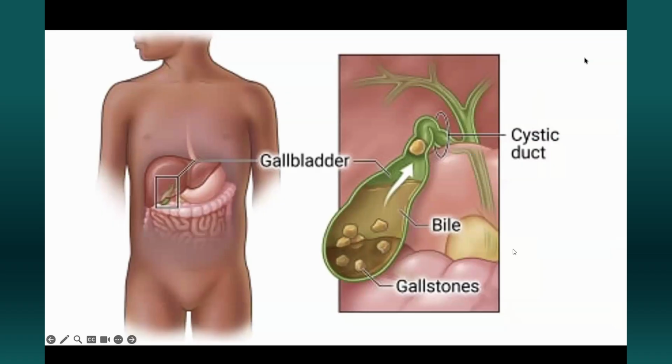Okay, gallstones typically are maintained inside the bile, and once this contracts because of food, then these stones go out. The moment it goes out, that's where the problem lies. So you have cholecystitis when the gallstones actually predominate in the cystic duct.